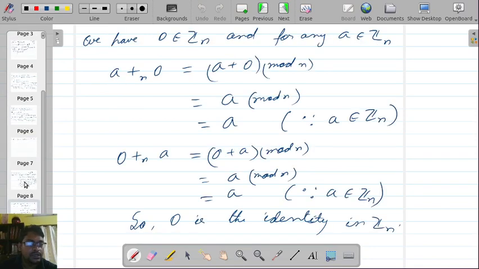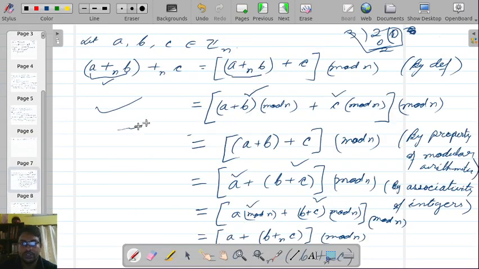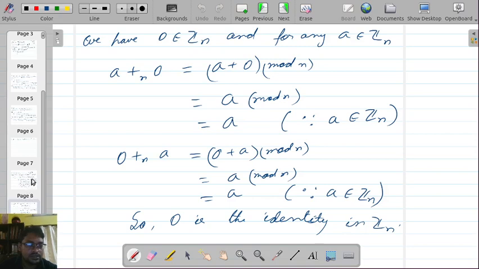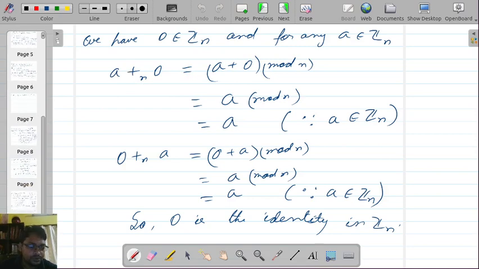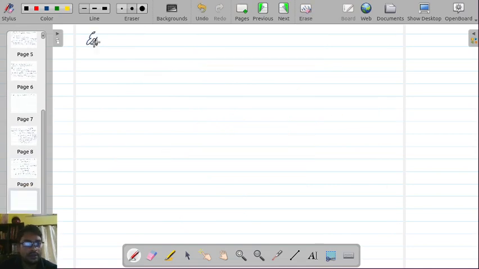Instead of n you will just write mod 5. The other things are exactly the same. The identity and inverse, everything will be verified from the table. Let me do one exercise of that type so that you can understand.